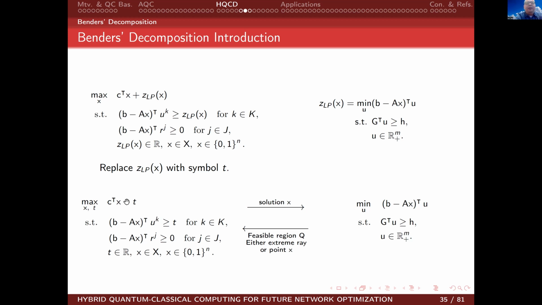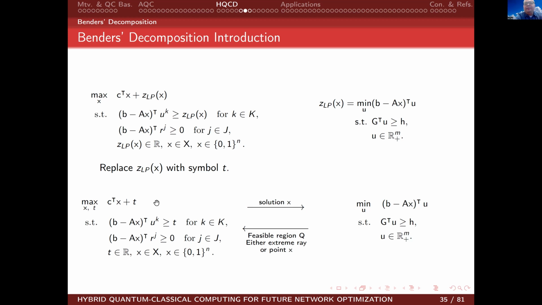Here we can see in the master problem, we have two types of variables. First is the integer binary decision variables x. Then another one is the t. This t represents the objective value of the subproblem.